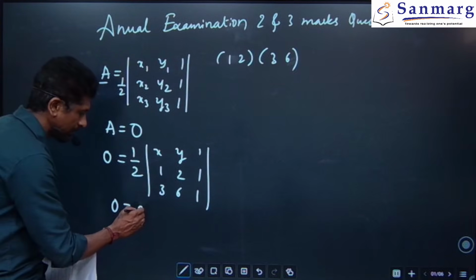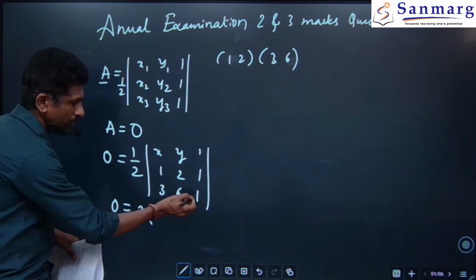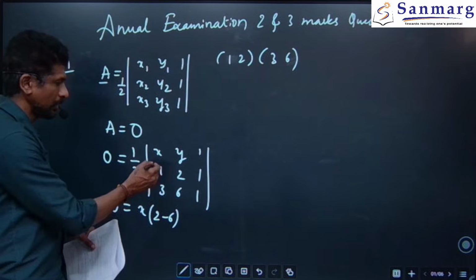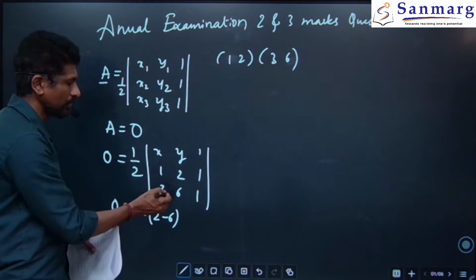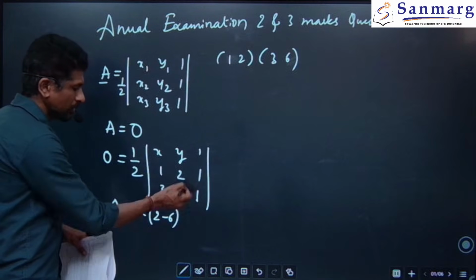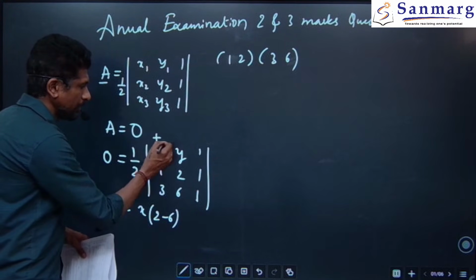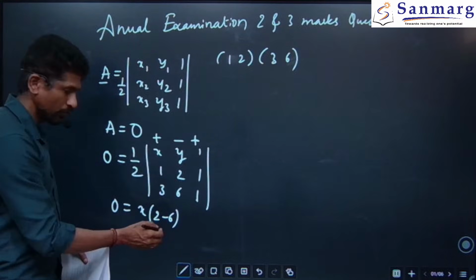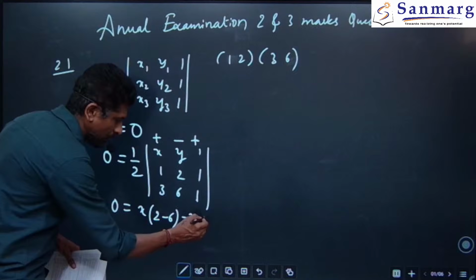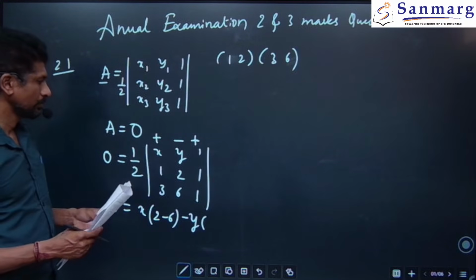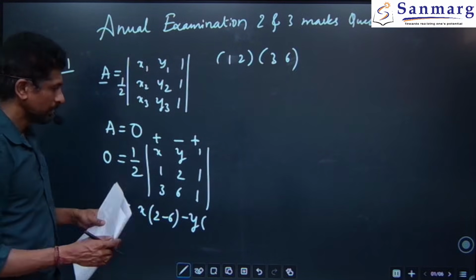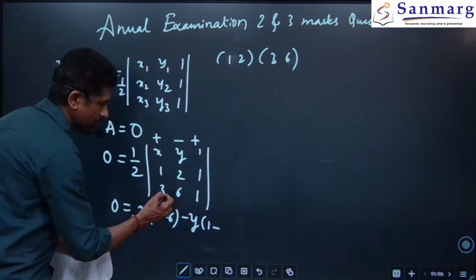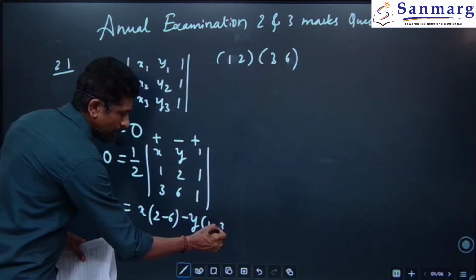So x as it is. Next, 2 1s are 2, minus 6: eliminate the first row and first column, 2 1s are 2, 6 1s are 6. The sign pattern for the first row is plus minus plus, so therefore minus y you have to consider. Next y: 1 1s are 1, next 3 into 1 is 3.